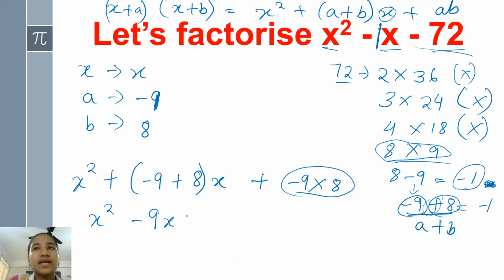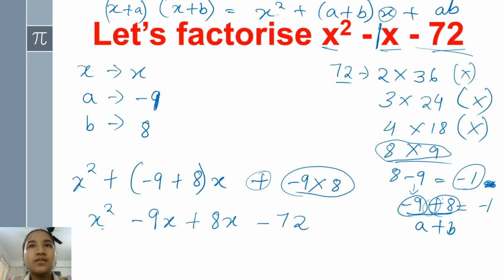So minus 9x, plus into plus is plus 8x, plus, we are going to keep this 72 as it is, plus minus 72. So it's rather 72, plus into minus is minus, so I'm just writing it directly as minus 72. Okay, exclude this plus. We already understood how we have changed it to minus, right?